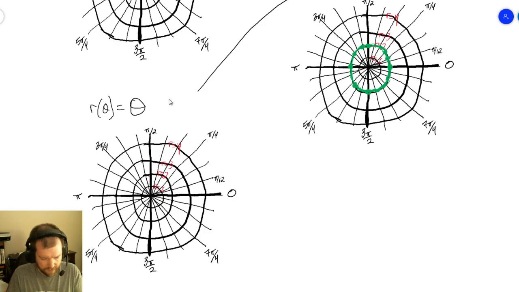So because of that, we don't get anything that looks particularly nice. All right, the values that we're going to get here are going to be at 0, we get 0, so that's easy enough. At pi over 12, pi over 12 itself is 0.261, so that's about a quarter.